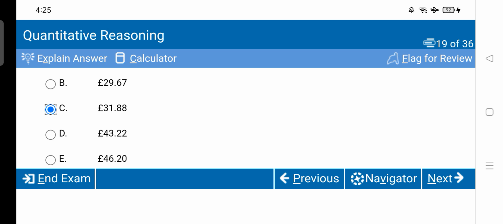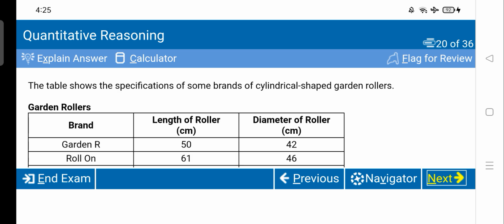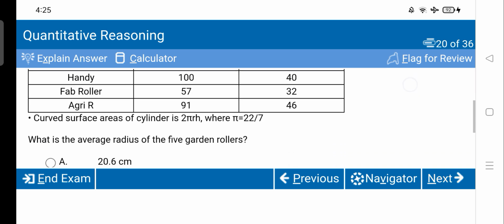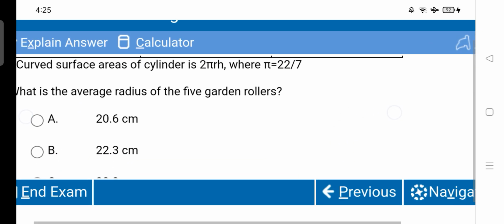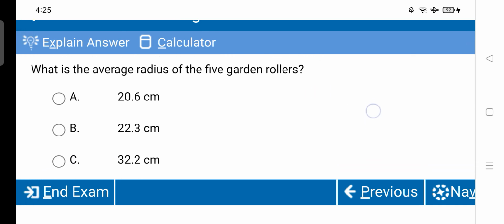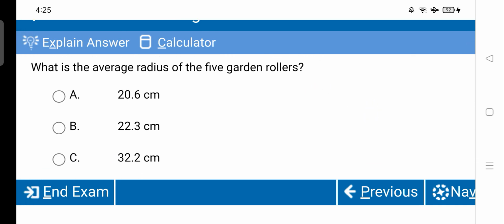And the next question we have is question number 20 with the same statement and the same table, but the question is: what is the average radius of the 5 garden rollers?